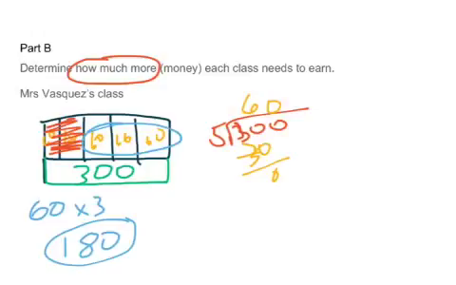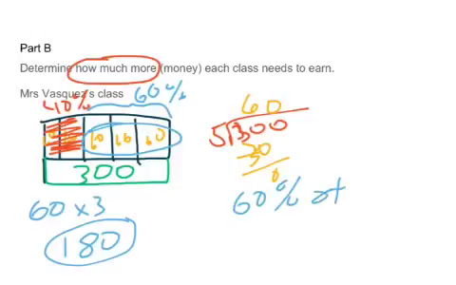We could also understand that if the class already had the 40%, then what remained was 60%. So we're trying to find 60% of the $300.